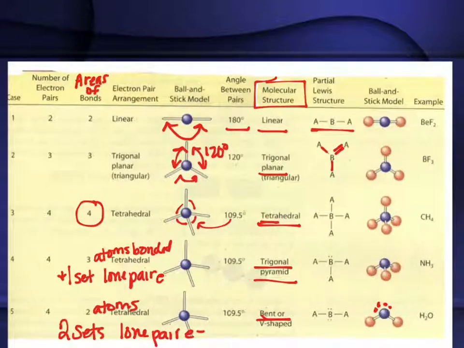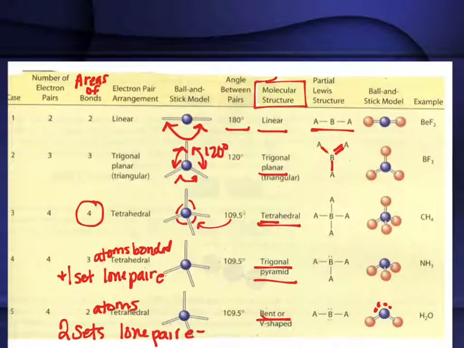They'll draw it correctly and call it linear because it looks linear, but it's not, because of these lone pairs. No matter which atoms I pull off, there are still electrons there, and it's always going to be 109.5 degrees. So we're going to have to know that.